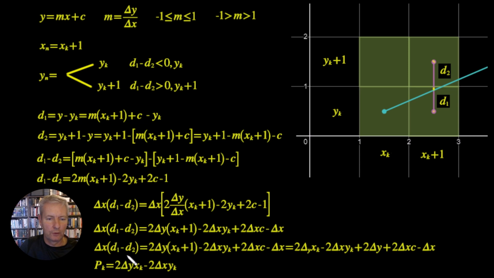This thing here is going to become our decision value. But the pk value is going to have to be worked out for each and every individual pixel. So we need to do it for one, and then the next one, and the next, and it will change from one pixel to the next. So let's look at that on the next page.